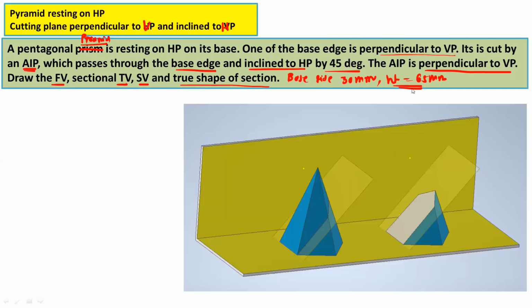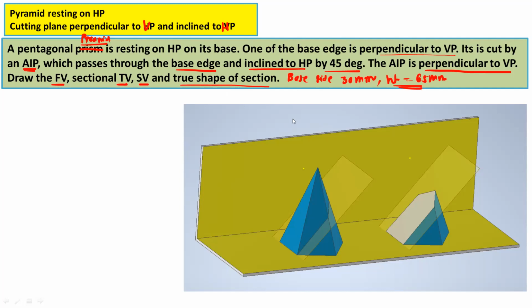So this is the position of the given pyramid. So it is resting on the horizontal plane on its base. That means the complete pentagonal base is on the HP, and the axis of that pyramid is perpendicular to HP and parallel to the vertical plane. Okay. So this is the position of that pyramid.